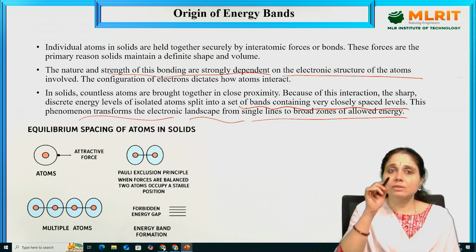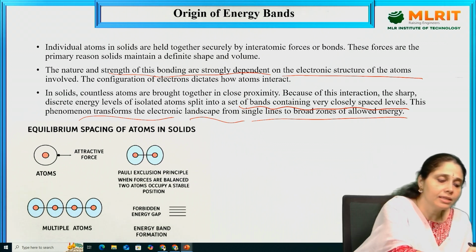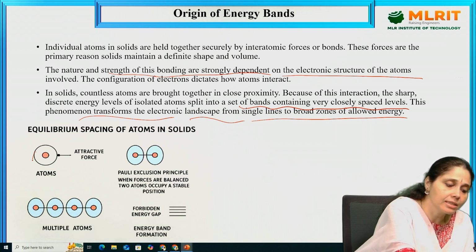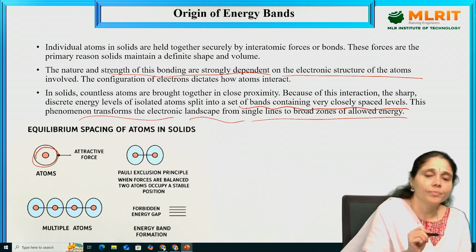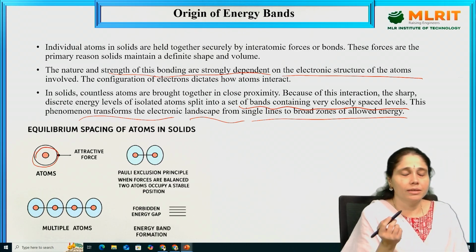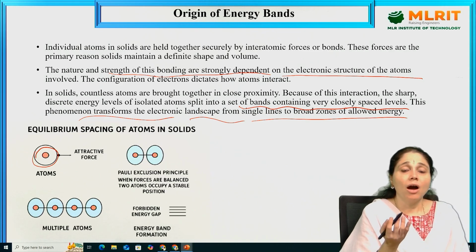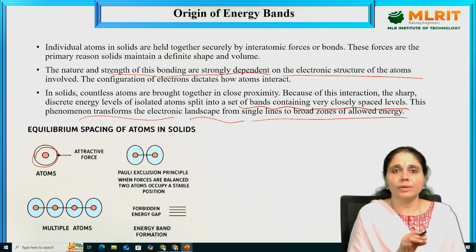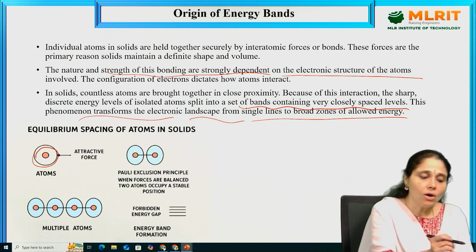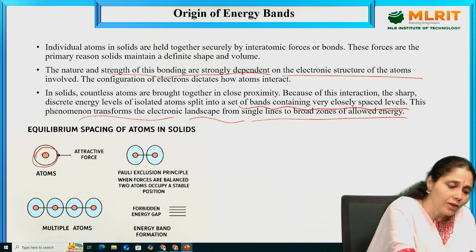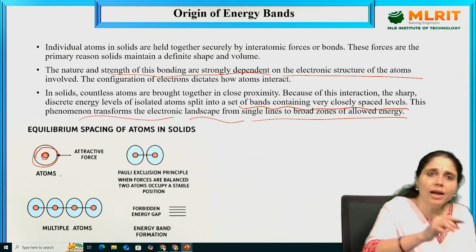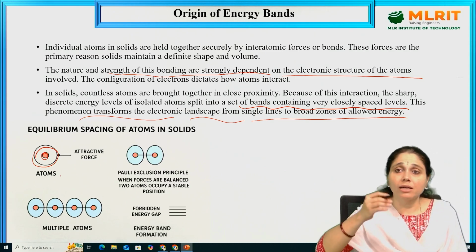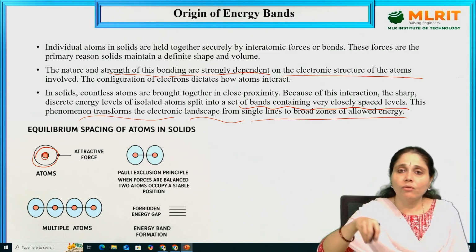Let us consider this is the nucleus of an atom, and these are the different orbitals. For an atom, a nucleus is there and different orbitals will be there, and electrons will be revolving in the different orbitals.